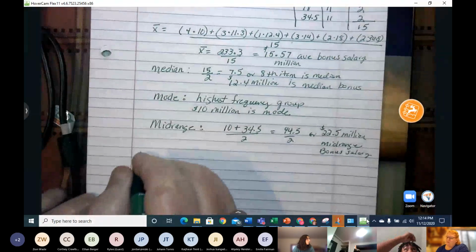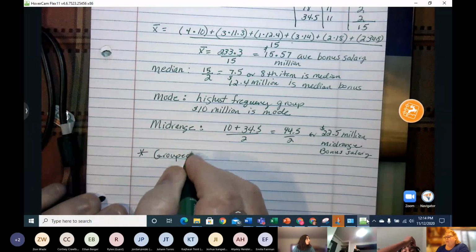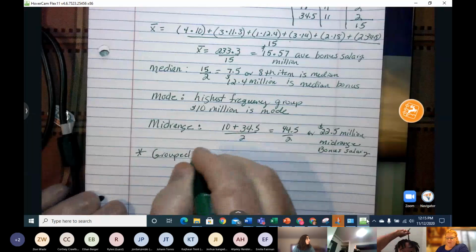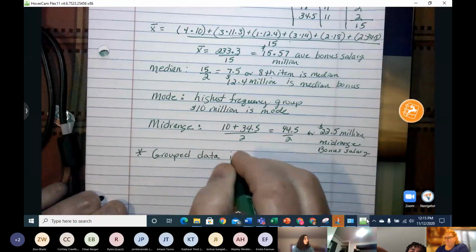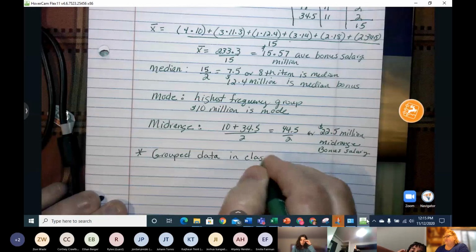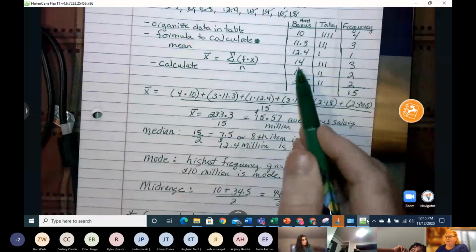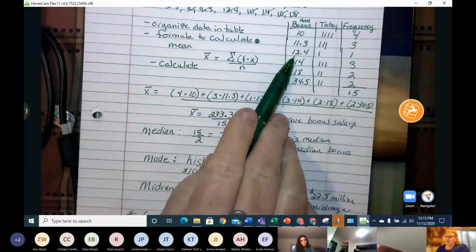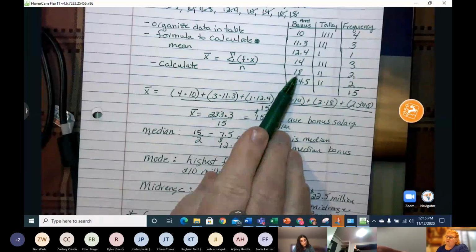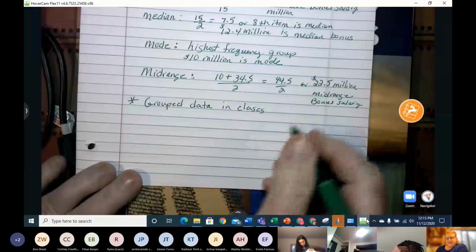Another thing that I want to point out is that group data also sometimes has classes that have ranges. So our classes in this case were the actual amounts. The class was 10 million. The class was 12.4. The class was 18 million. Sometimes that is not the case. Sometimes the class is a data range.